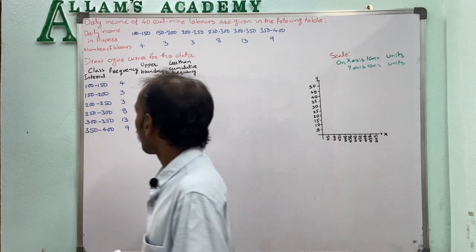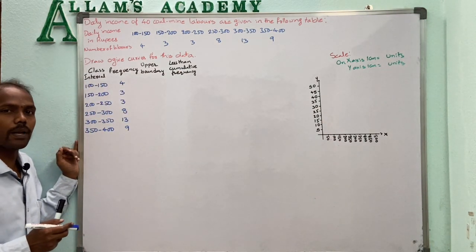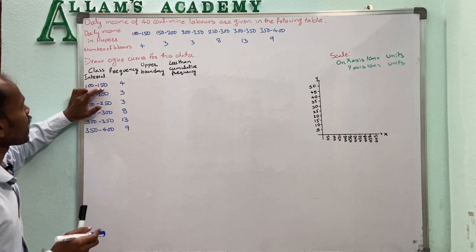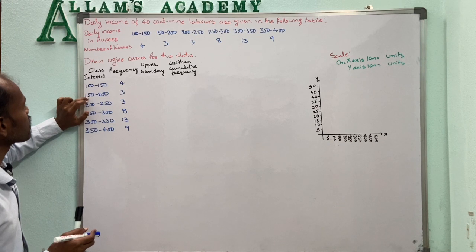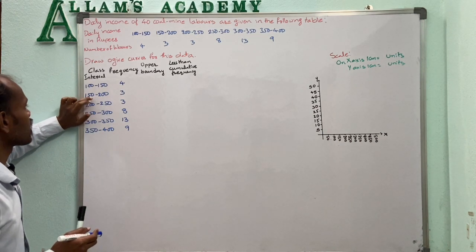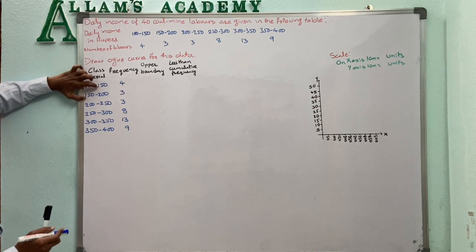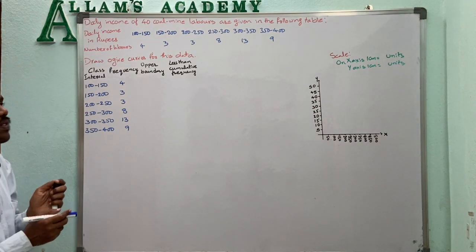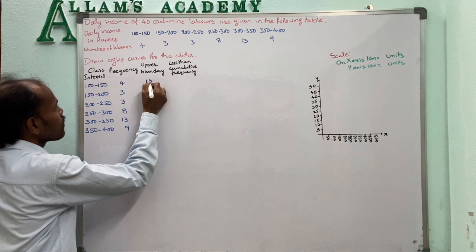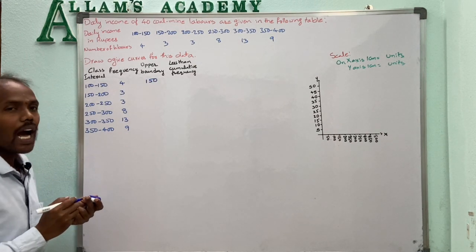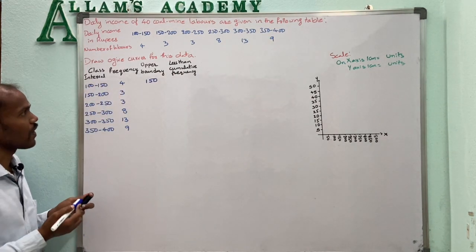So for the class interval 100 to 150, the upper limit is 150. For the next class interval 150 to 200, the lower limit is 150. The average of these two limits, 150 and 150, is nothing but 150 only. So this 150 is the upper boundary of the 100 to 150 class interval.